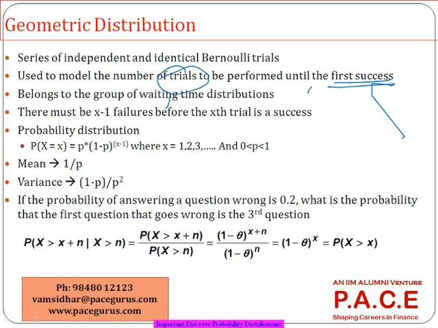What is the chance that I can achieve it in the first trial itself? I will get success in the first attempt itself. I will get success in the second, third, fourth, fifth, 10th. Let's say it's like this. Probably if I say passing a CT3 exam is, let's say, 30%.